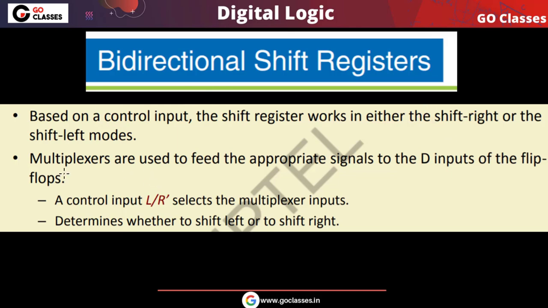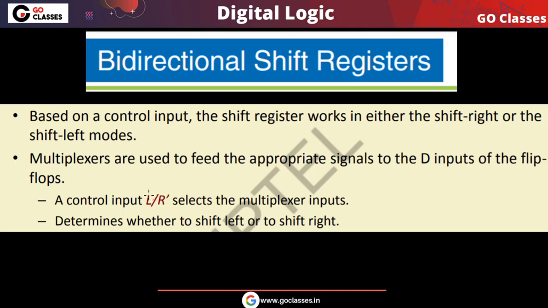From the previous lectures you can notice one thing: when you need to control something, when you need to give more than one functionality, here we want two functionalities. If we want to shift right, we should be able to shift right. If we want to shift left, we should be able to shift left.